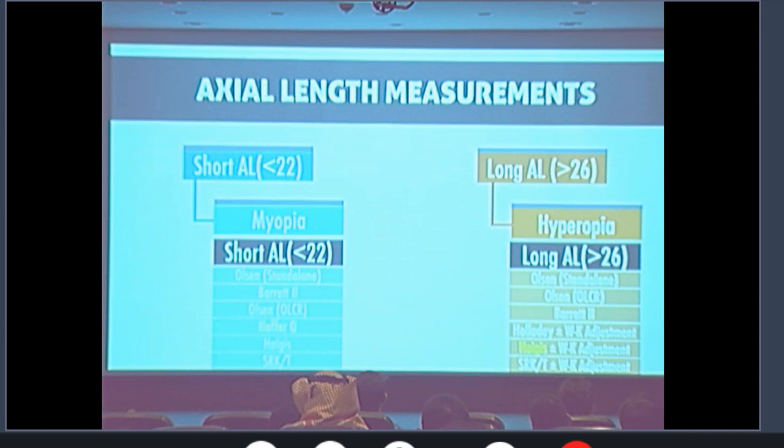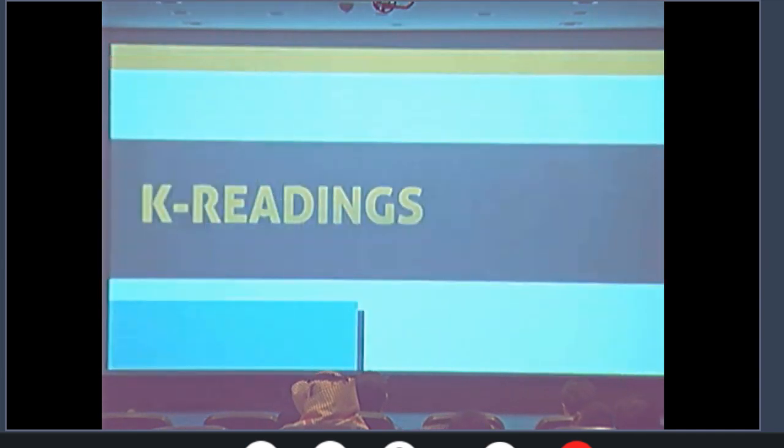But even with Hoffer Q, you might also get good results in short axial length. Which is more difficult, to measure the IOL power in short or long axial length? Short is more difficult. Because any movement of the IOL will result in a significant change in the refractive error.